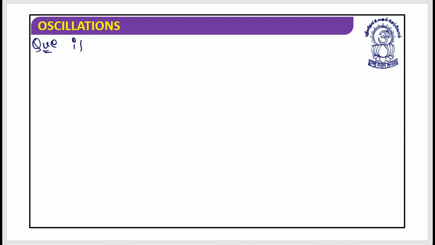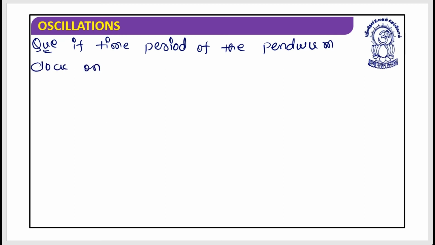Let's suppose the time period of the pendulum clock on Earth is 20 seconds.